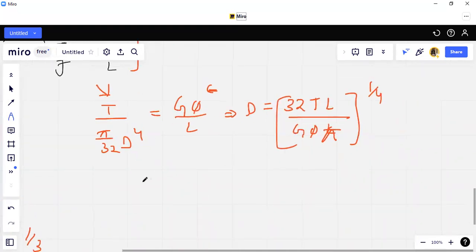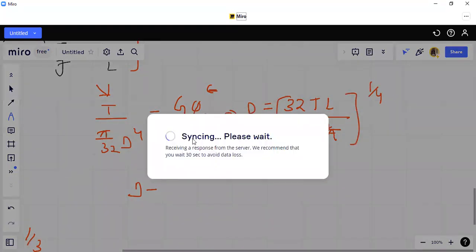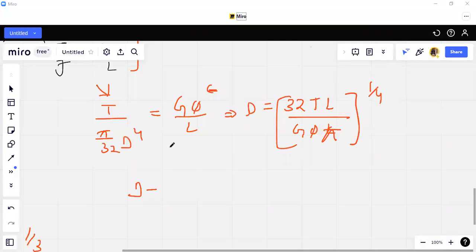Okay, now dBC will be 32 multiplied by, again, the torque value 3255.55, multiplied by the length. Length is given 1.1. This is 1100 mm, so we have to convert this mm into meter, 1.1 meter, divided by the G value.